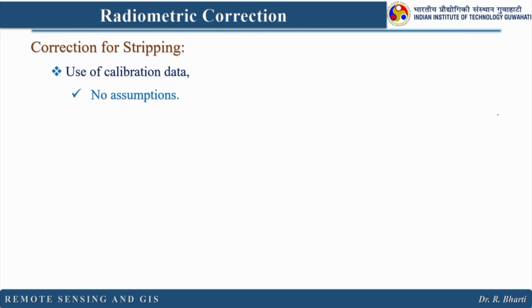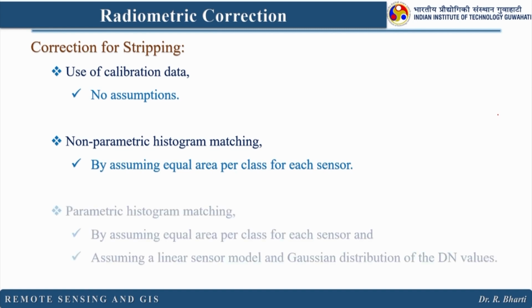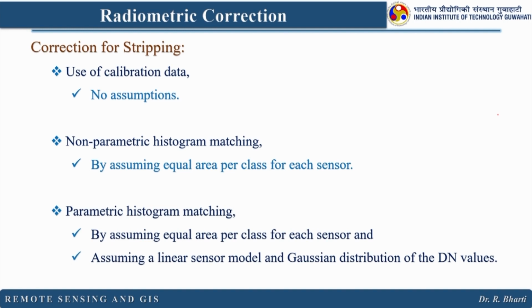So, here how do we correct and what is the advantage and what is the assumption? So, here you can see use of calibration data of the sensor, then non-parametric histogram matching by assuming equal area per class for each sensor, right. Then next is parametric histogram matching by assuming equal area per class for each sensor and assuming a linear sensor model and Gaussian distribution for the DN values.